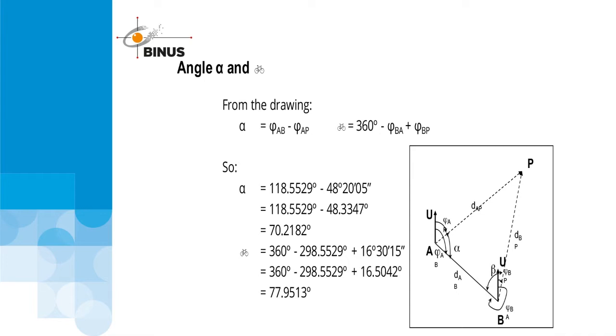The fifth step is to determine the internal angle of beta, where, as from the drawing, beta is equal to 360 degrees minus azimuth BA plus azimuth BP, and you will get the value of beta equals 77.9513 degrees.